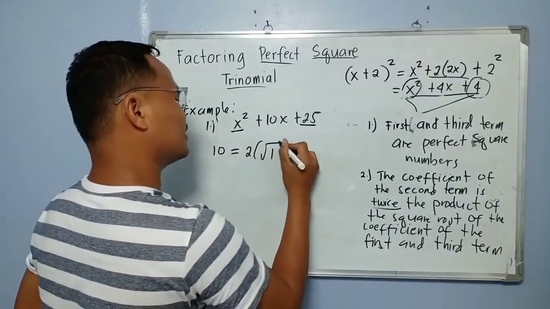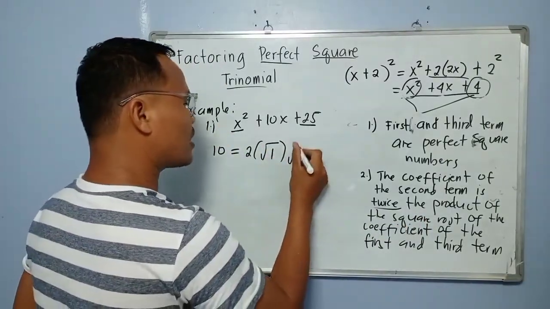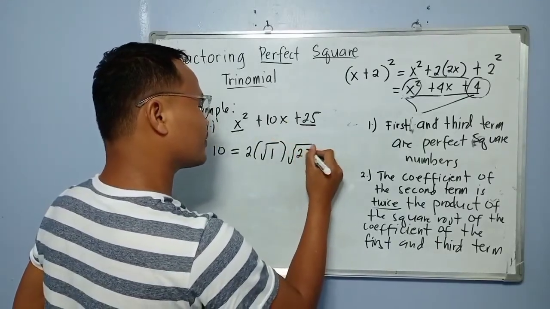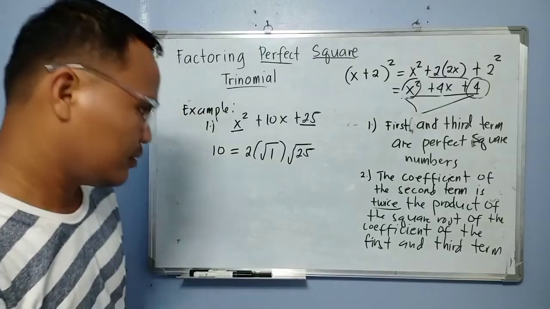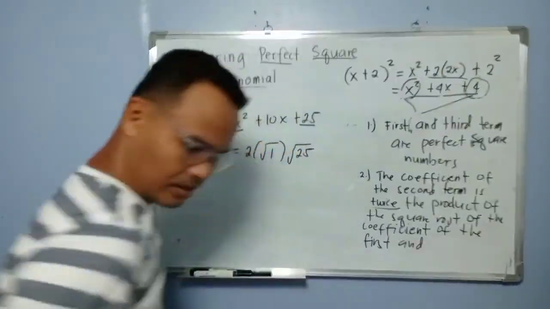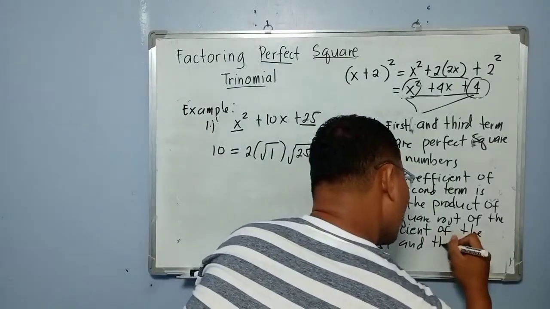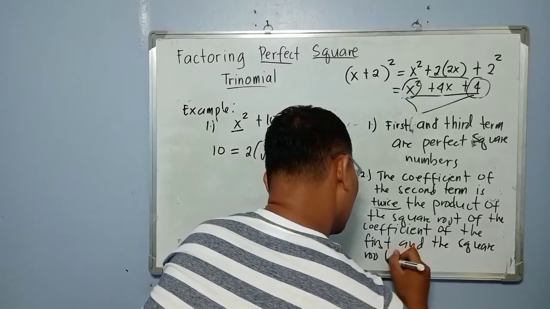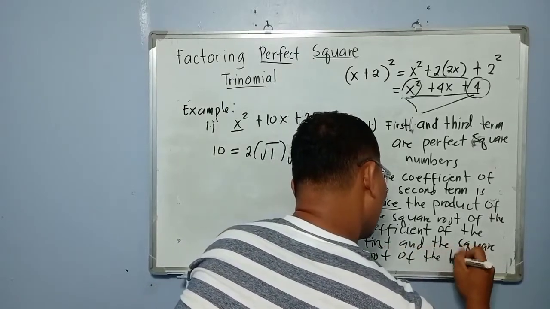Coefficient is 1. Okay, here, times the square root of the coefficient of the third term, which is 25.